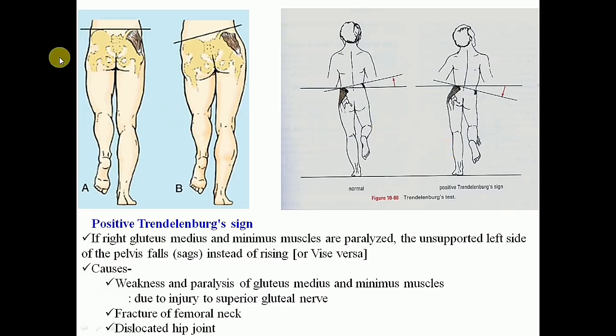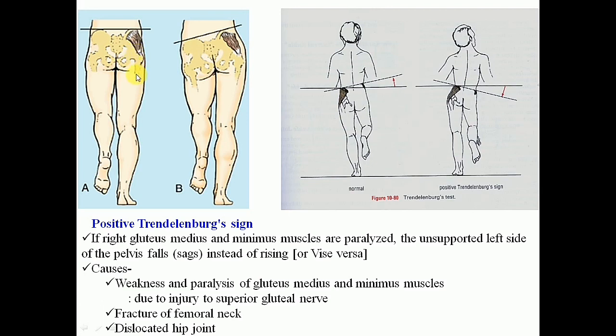The normal gait of the person depends on the proper abductor mechanism at both the hips. This mechanism comprises one, adequate power provided by gluteus medius and minimus muscles, then the fulcrum, which is formed by the normal relationship of the head of the femur and the acetabulum, and third is the weight transmitted by the head and neck of the femur.